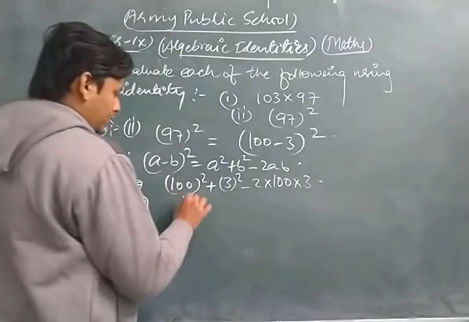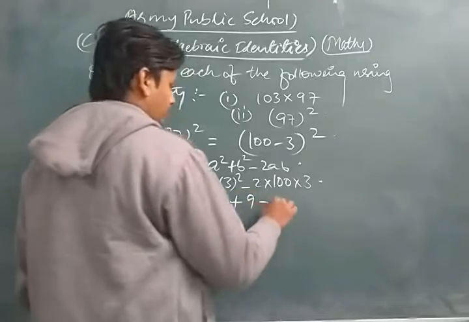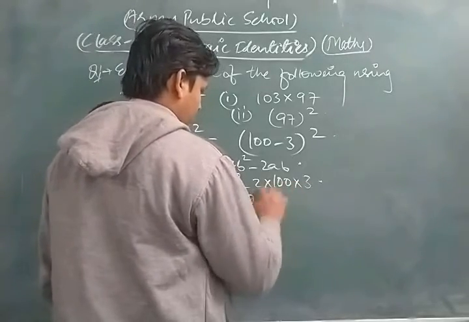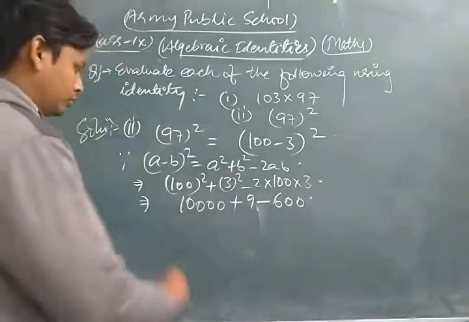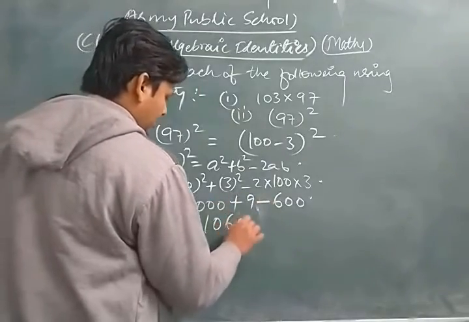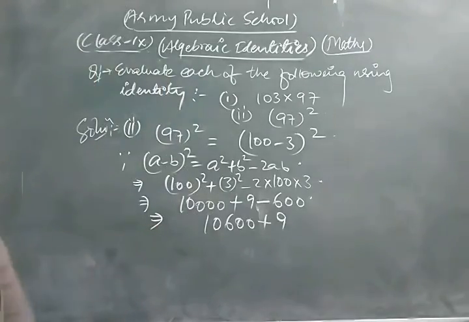So 100 square is 10,000, plus 3 square is 9, minus this is 600. This is 600.